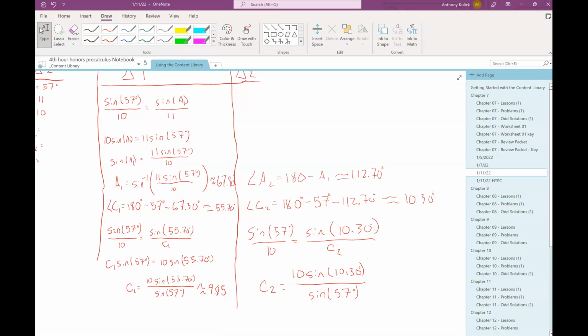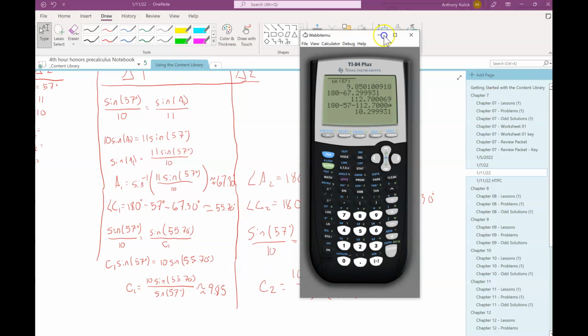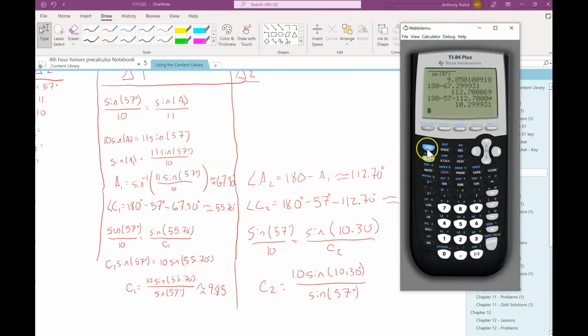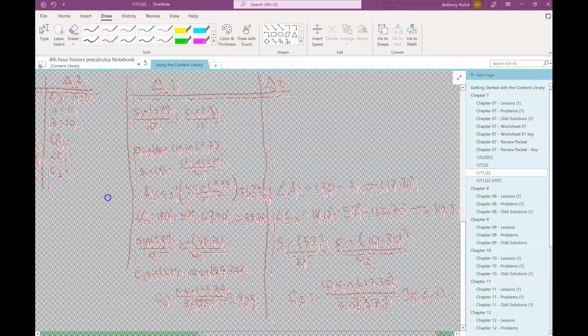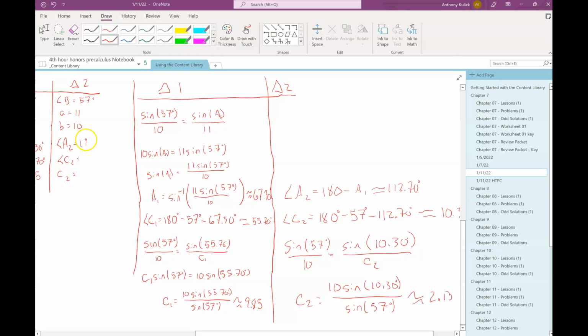I figure if it's the same thing that we basically just wrote over there with a different number, that's probably okay. So I got 213. I guess I haven't been writing these down.